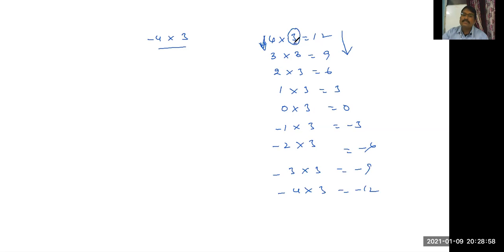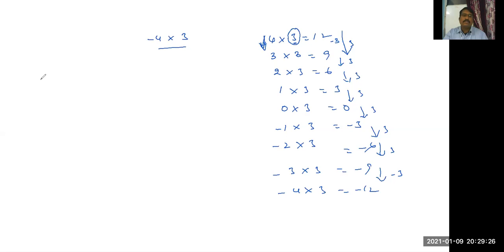Here the constant term is 3, that's why it decreases by 3 each time. Next 3 is decreasing, next 3 is decreasing. So in this way, 3, as the constant, keeps decreasing.